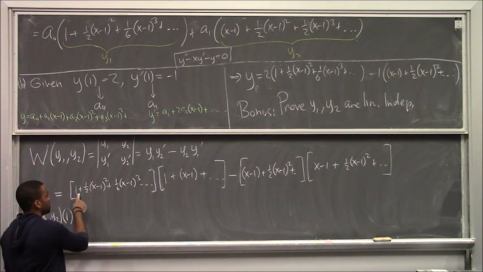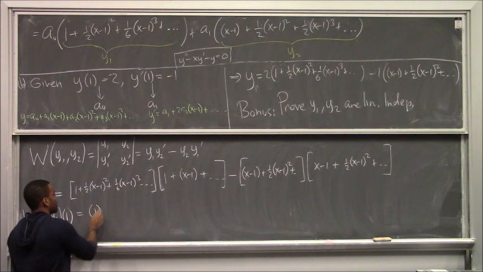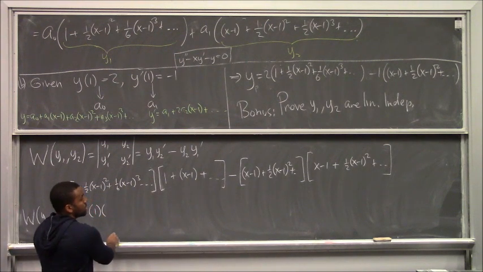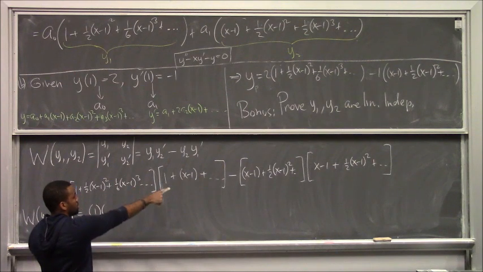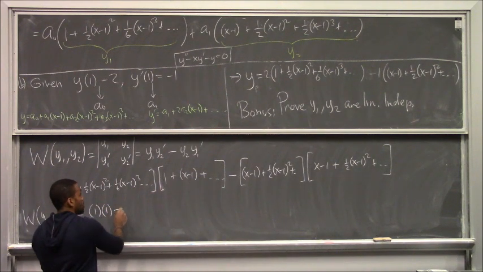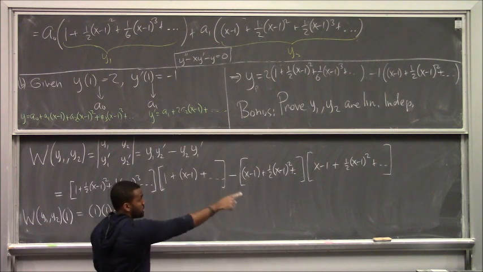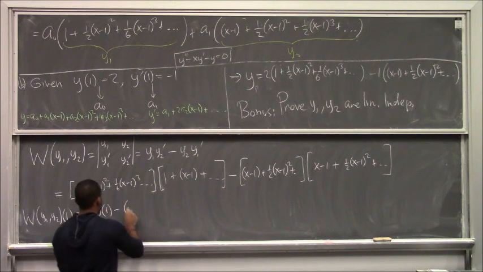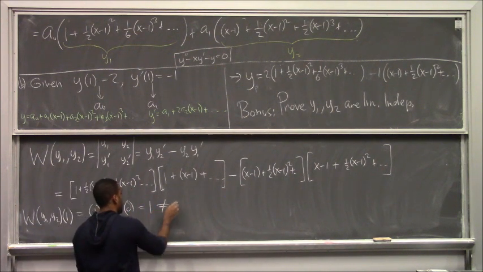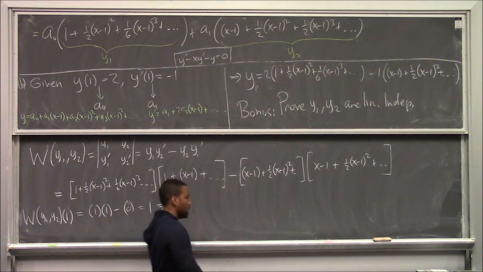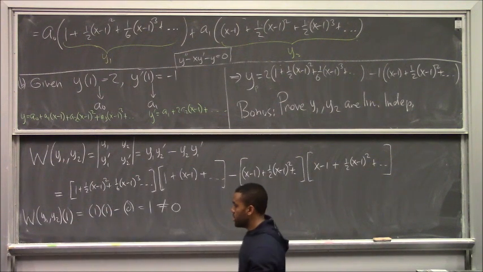This will be 1, because all of these would be 0. And this will be 1, because all those will be 0, minus 0. These will all be 0. Those will all be 0. So it's 1, not equal to 0. And so they're linearly independent at the point.